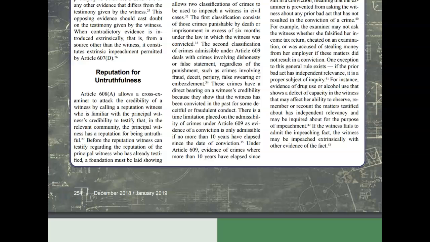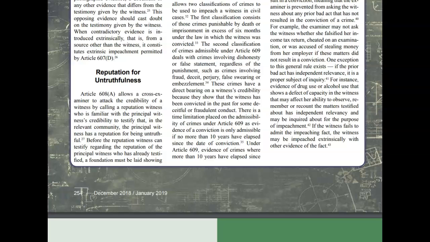So Article 608A allows a cross-examiner to attack the credibility of a witness by calling a reputation witness who's familiar with the principal witness's credibility. Who's the principal witness? The principal witness is basically any other witness who testifies. So let's say that one party calls a witness, witness one, who was, let's say, the plaintiff in a personal injury case.